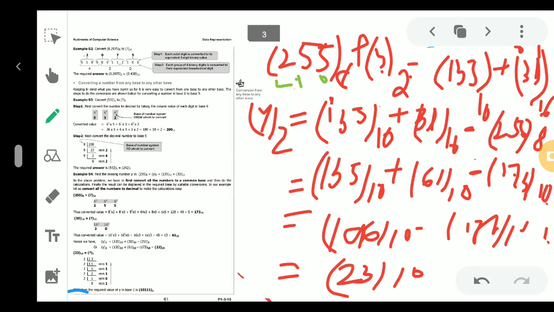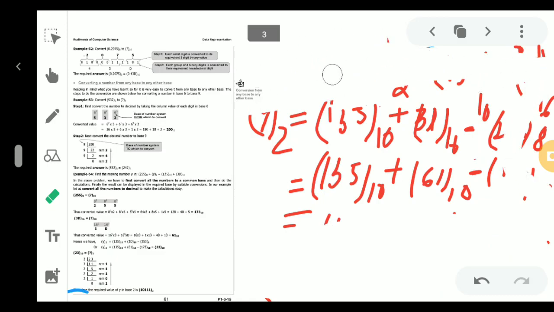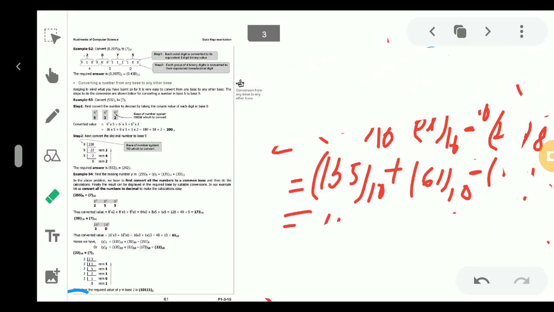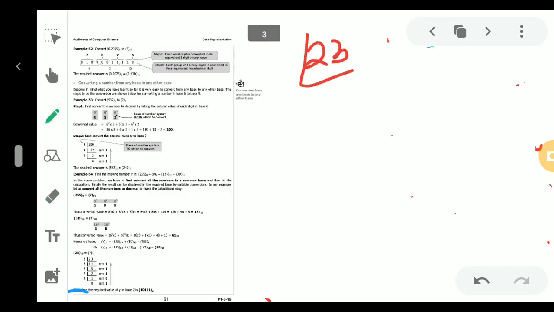Okay, so again I am rubbing this one. It's actually a lengthy procedure, but it is an easy one. So 23 base 10 we have to convert into base 2, because y is in base 2.